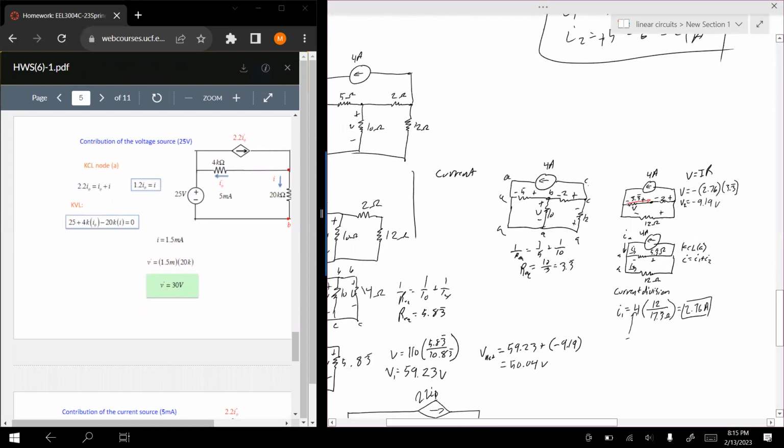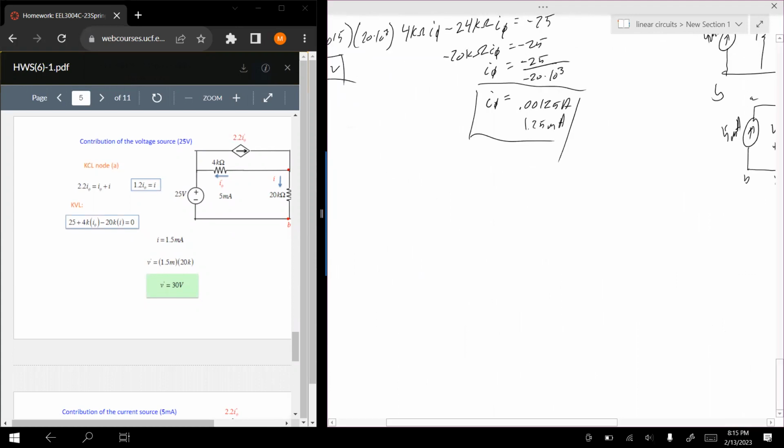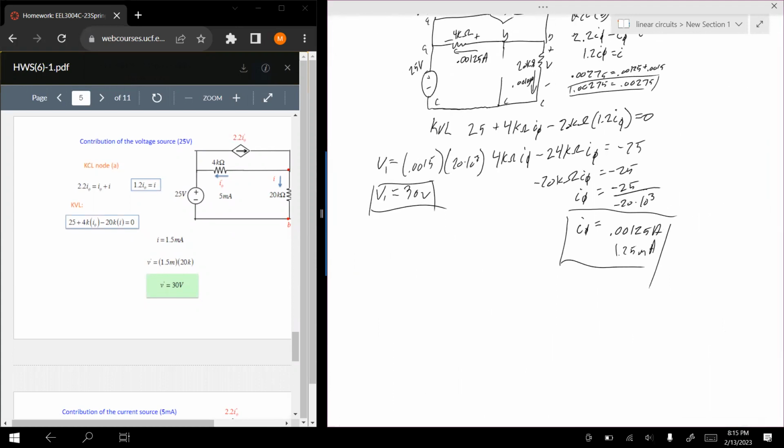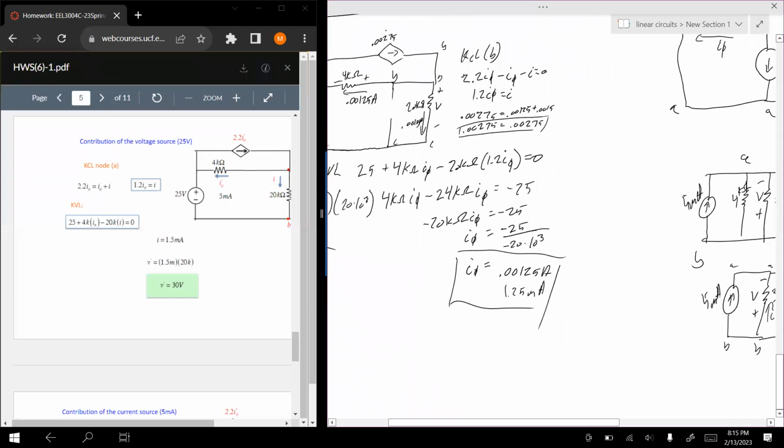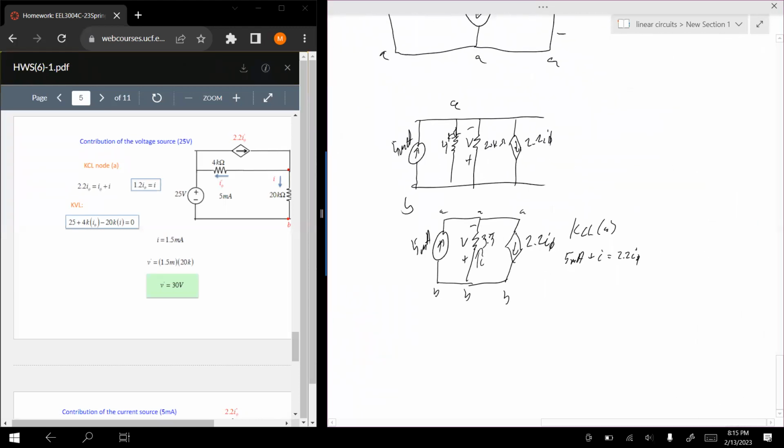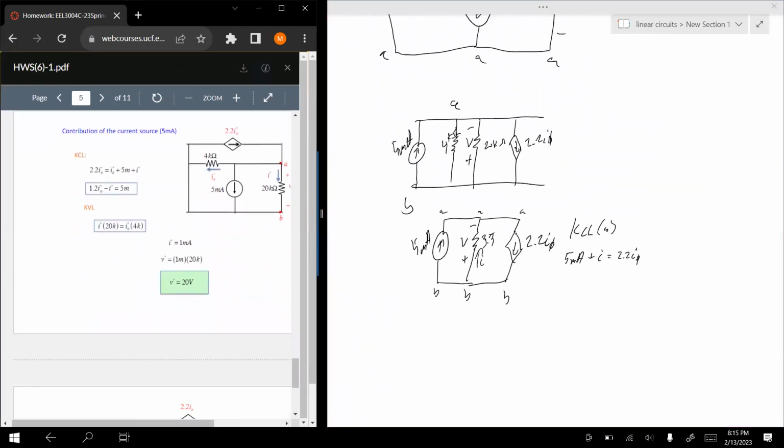We have 30 volts. There we go. Now let's look here at the left-hand side. They also did it without fully simplifying it. So we would KVL, and we got 1 milliamp there.